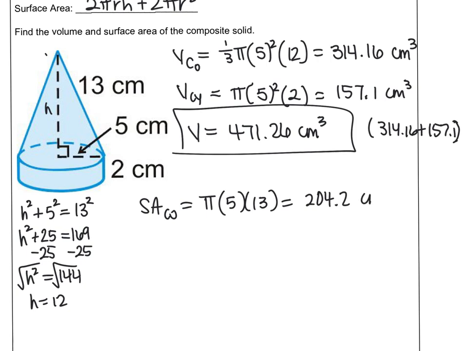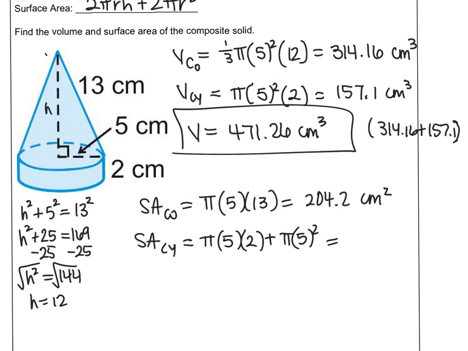Which is going to give us 204.2 centimeters squared. For our cylinder, we have 2 pi r h plus 2 pi r squared. So instead of that 2 pi r squared, which is both circular bases, we're only going to do one of our pi r squareds. So we're going to do pi times the radius 5 times the height 2 plus pi times 5 squared.